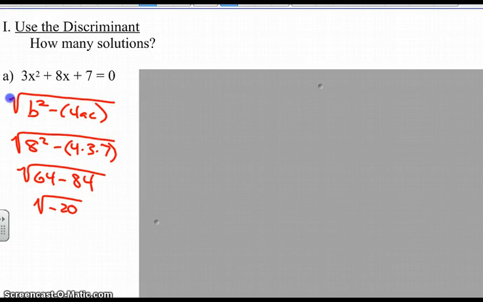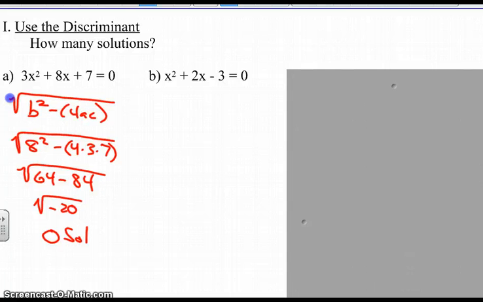So how many solutions? 0. 0 solutions. Good. Can you take the square root of negative 20? No. That's why. Okay, so there is no real number that comes out of this. There's an imaginary number, but not a real. We're dealing with real numbers. Okay, so each time we simply test a discriminant.